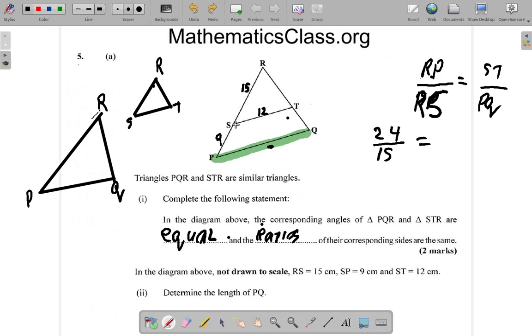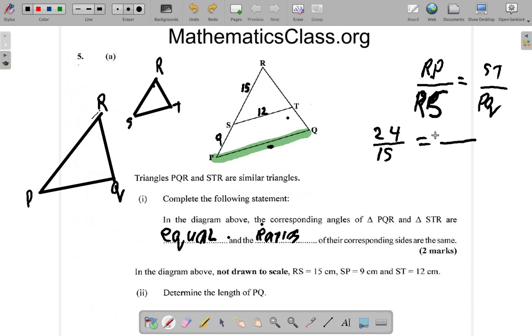So ST from S to T is 12 over, from S to T, the bottom of the small triangle. I'm doing big triangle over the small. I shouldn't have the 12 up there. It's big over small because RP, the 24 over the small 15.